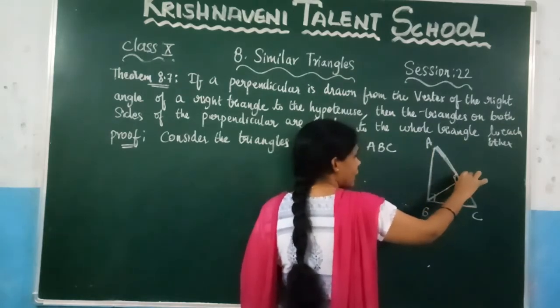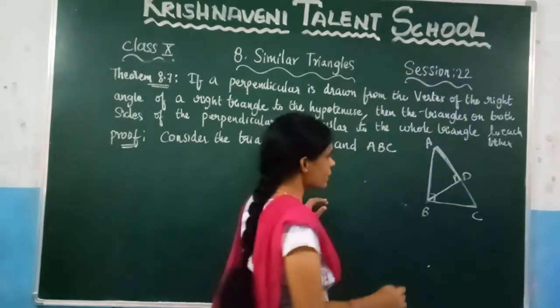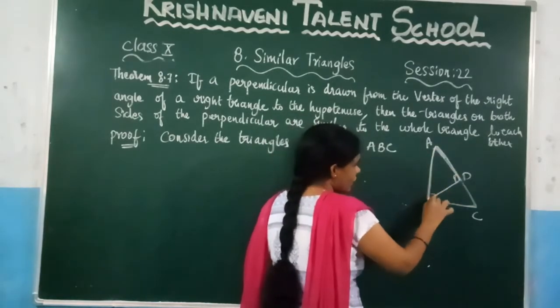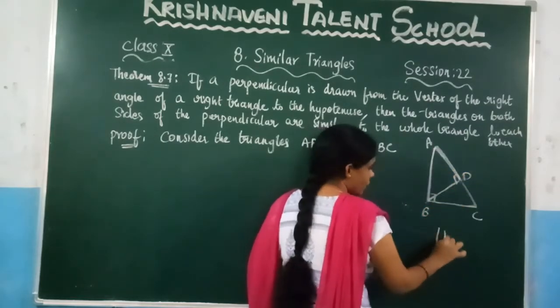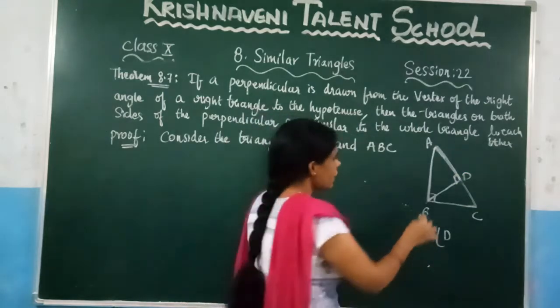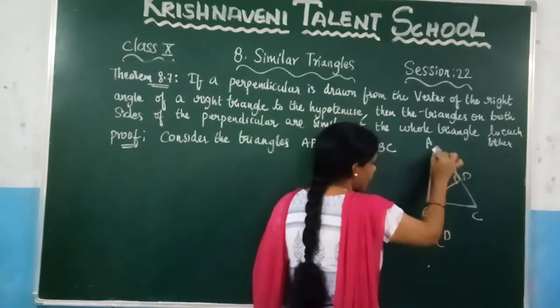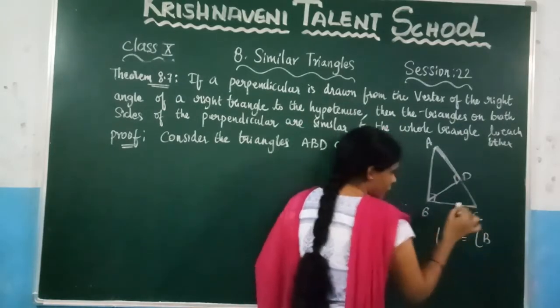Angle D is the right angle, right? So let us write it here. I am drawing here separately. Here in this triangle, what is the right angle? Angle D. Right? Now let us see in the bigger triangle where is the right angle. If you see the bigger triangle, here angle B is the right angle. So you know that angle D is equal to angle B.